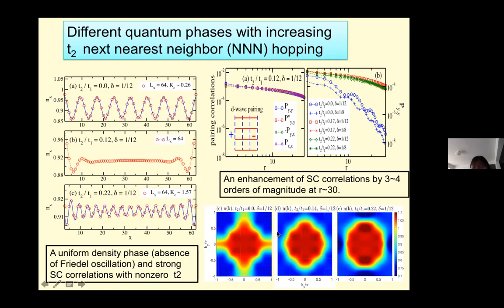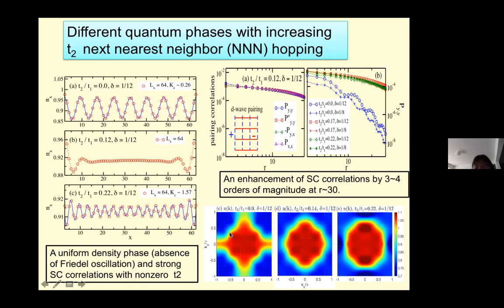The electron occupation number in momentum space also shows different features, with a hole-like closed Fermi surface for larger T2 over T1. But it shows symmetry breaking, nematic symmetry, for the T2 over T1 equals 0 case.